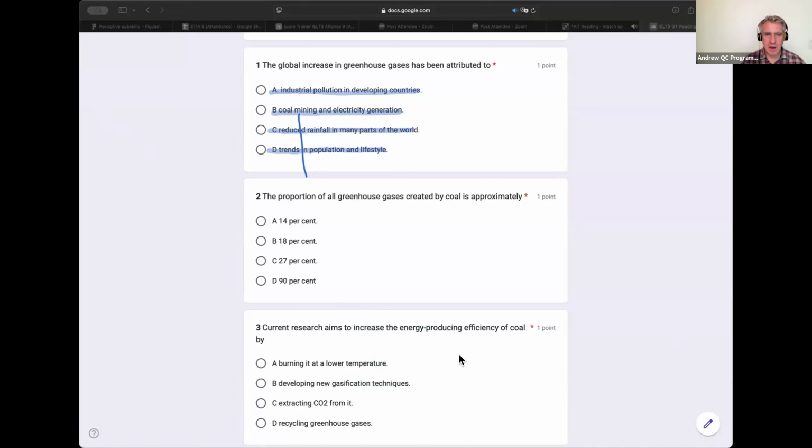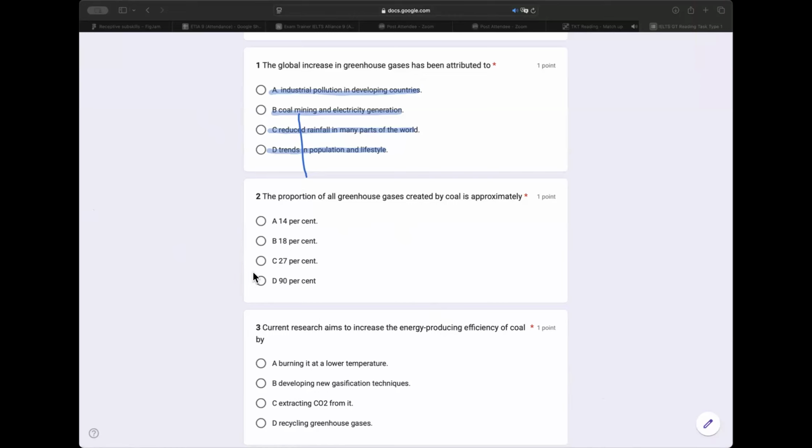Can you think of how else this term global increase and the verb phrase been attributed to could be expressed differently? Using different words.